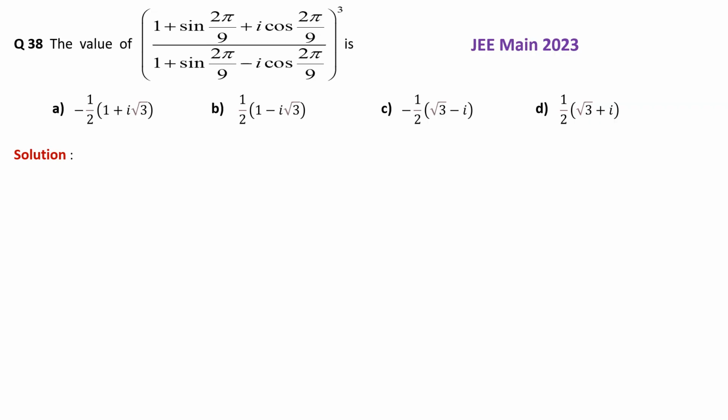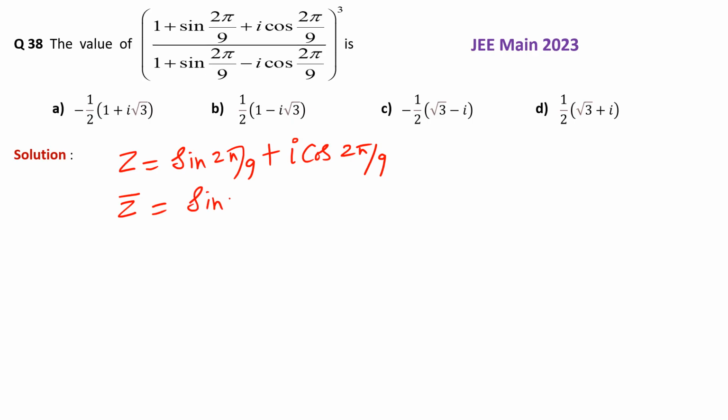So that means if I suppose sin 2π/9 + i cos 2π/9 as z, then sin 2π/9 − i cos 2π/9 becomes z bar.